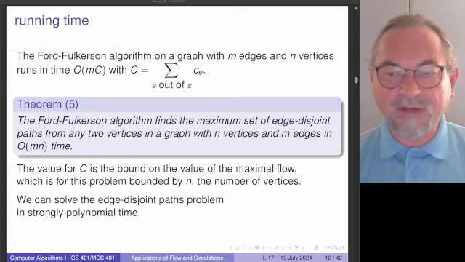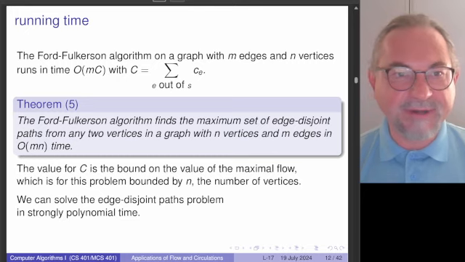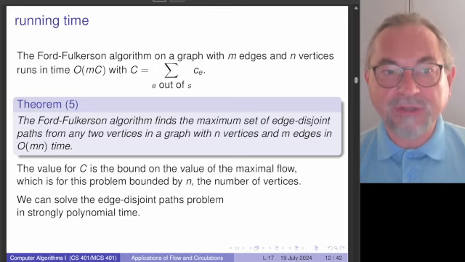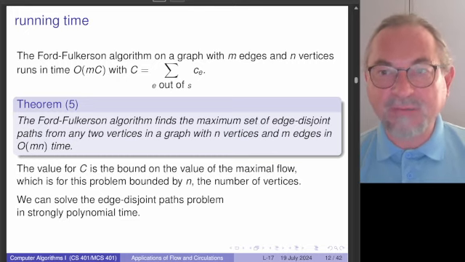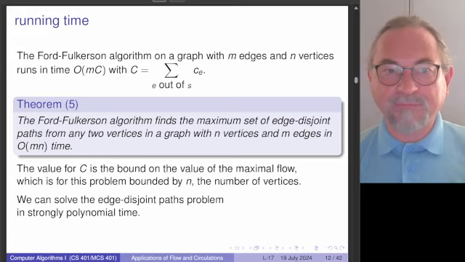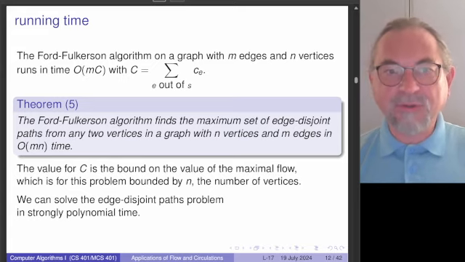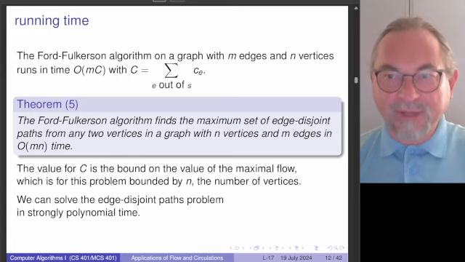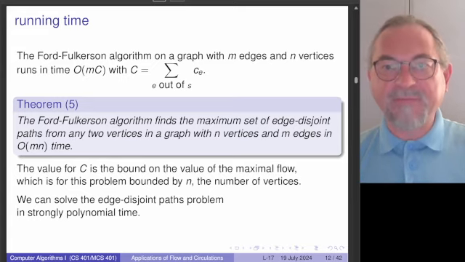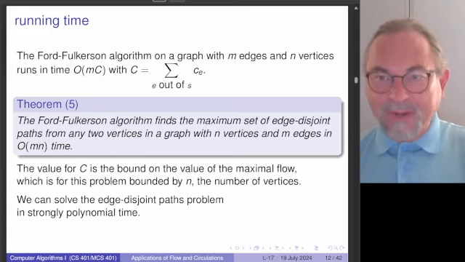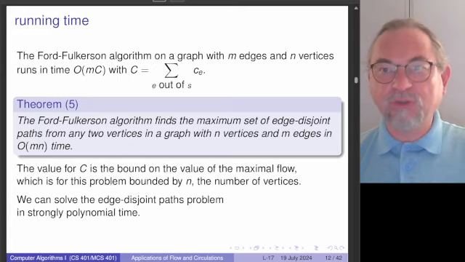Okay, let's now look at the running time. So in general, the Ford-Fulkerson algorithm runs in time that is the product of the number of edges and the cost bound computed by the sum of the capacities of everything that comes out of the source. So that is an upper bound that you can compute on the maximum flow.